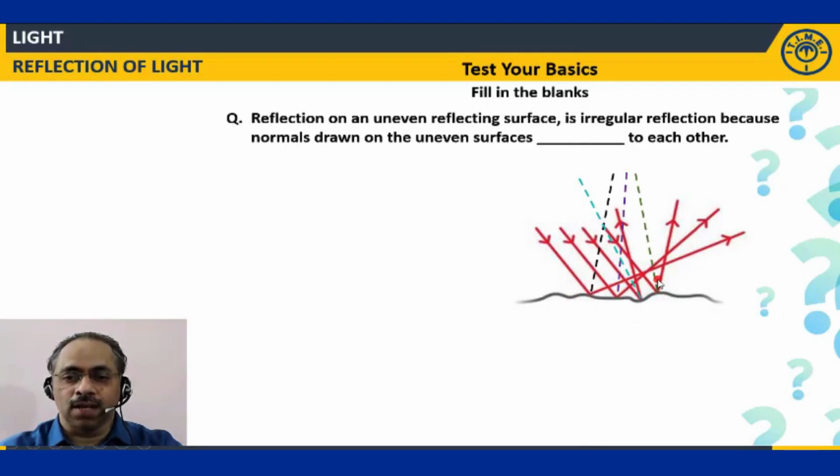You can see these normals over here. Okay, are they parallel? The incident rays are parallel, but are the normals parallel? No. Because they are not parallel to each other, the light rays in the reflected beam are not parallel. That is the reason it is called irregular reflection. So what should I write over here? They're not parallel to each other. Simple. Clear?